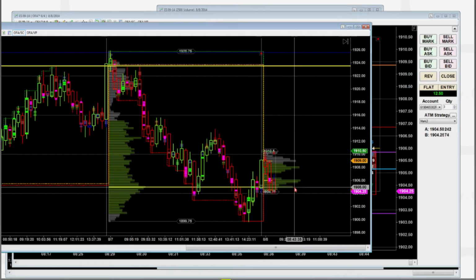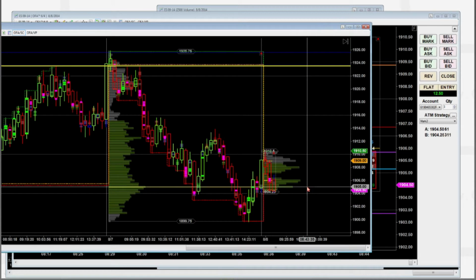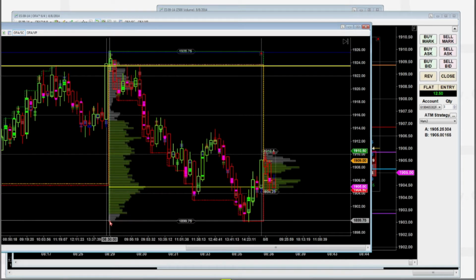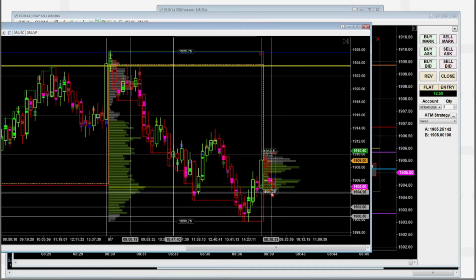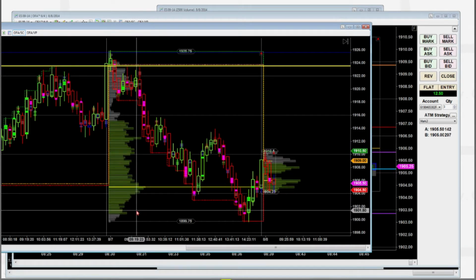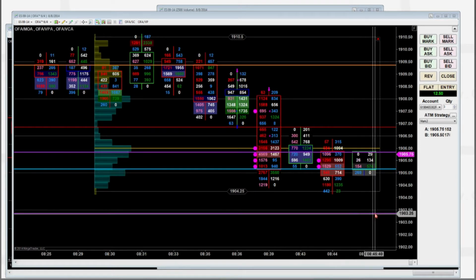And if I start getting rotation around 1905, and we start building volume out here, then there's the very real possibility that this will follow its conclusion all the way down. This wasn't finished yesterday at 1899.75. That this will follow to a conclusion to the bottom of this rotation. The closing swing low from yesterday was right here at 1903.25.